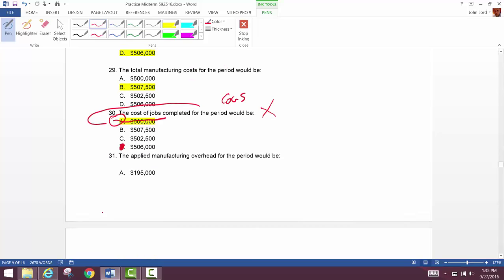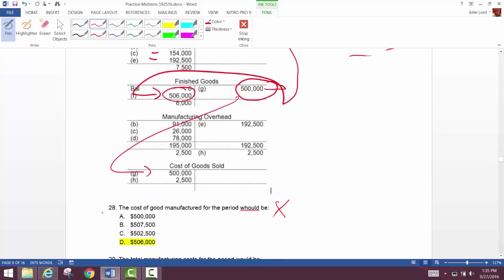How about the applied manufacturing overhead for the period? How would I have found that?